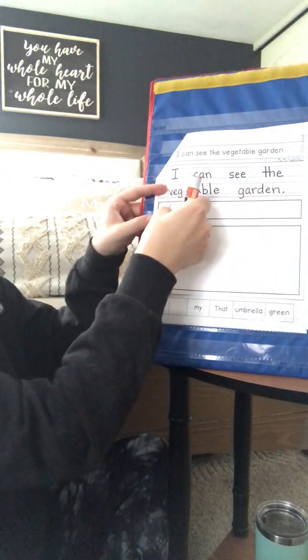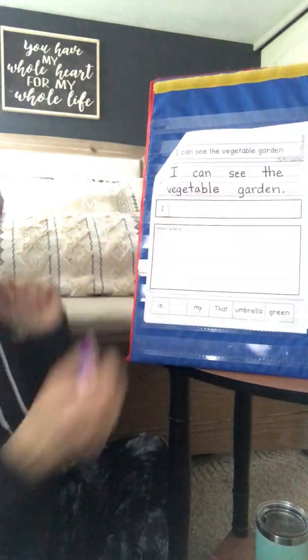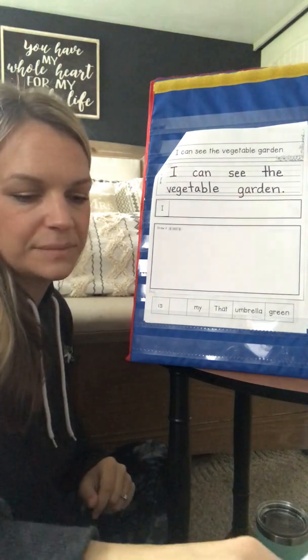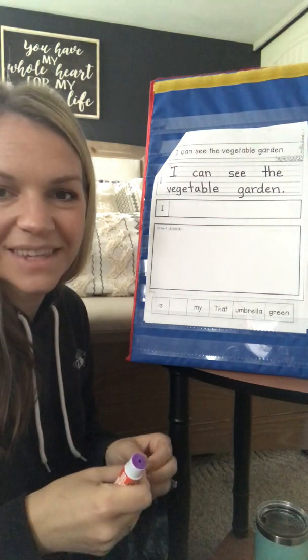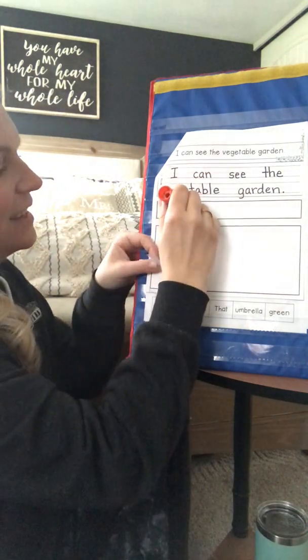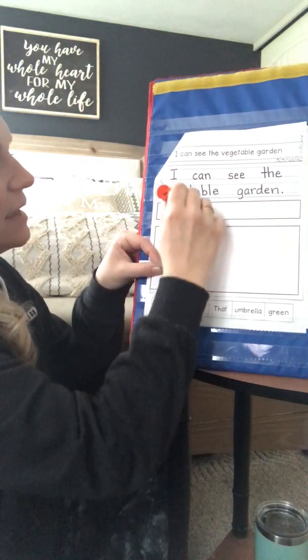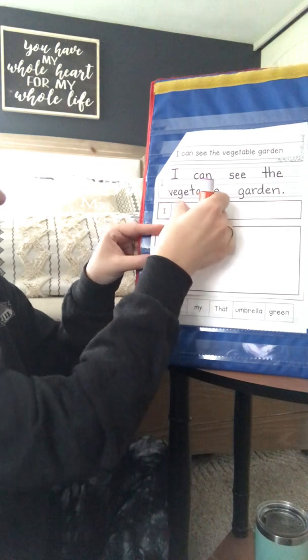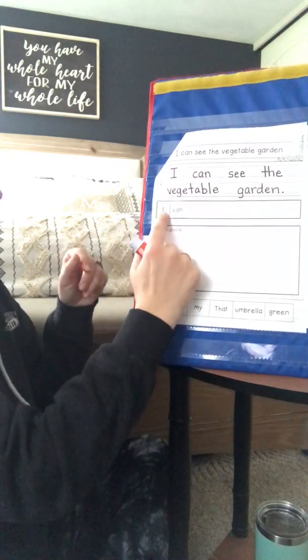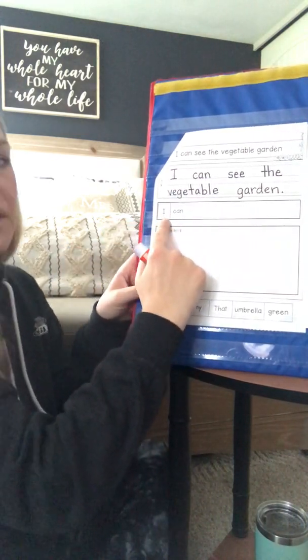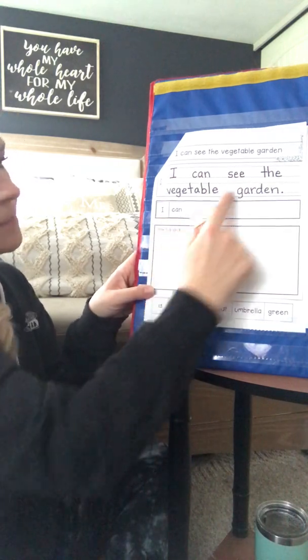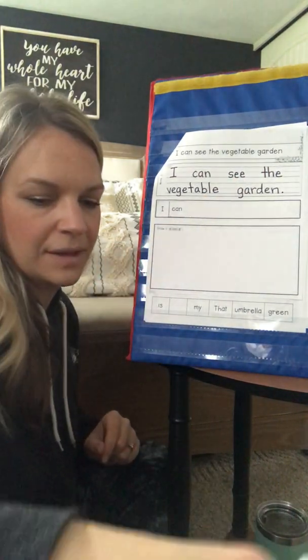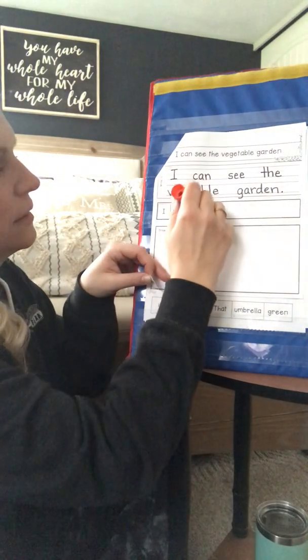So, I. What comes next? Can. And we're not going to worry about spacing out our cut out pieces of paper because they're already spaced for you. So you can glue it right next to the first one. I can what? See.